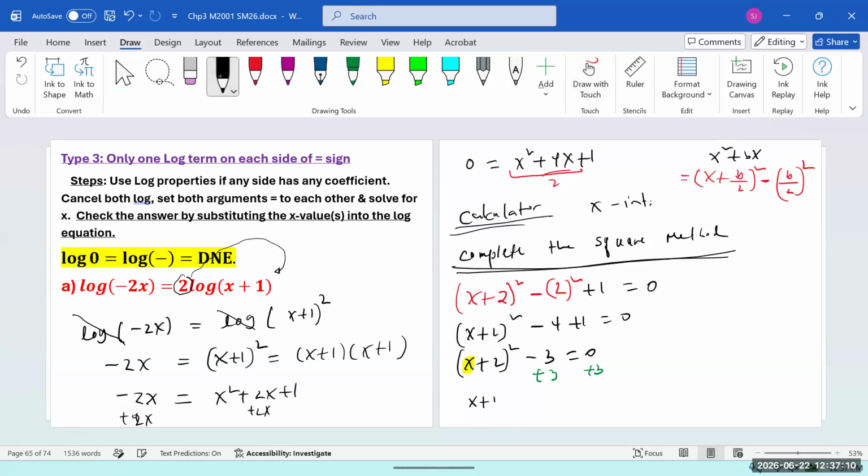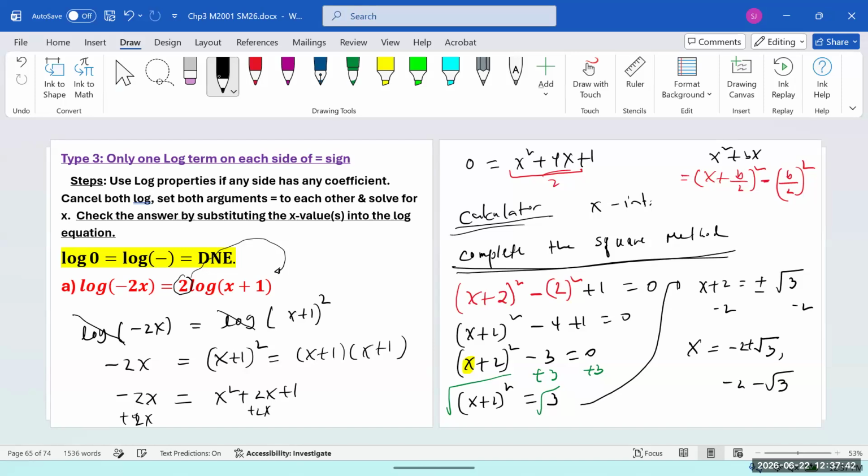We get x plus 2 squared equals 3. And then square root. So x plus 2 is plus minus square root of 3. Last thing is subtract. So you get x equals minus 2 plus square root of 3, or minus 2 minus square root of 3.